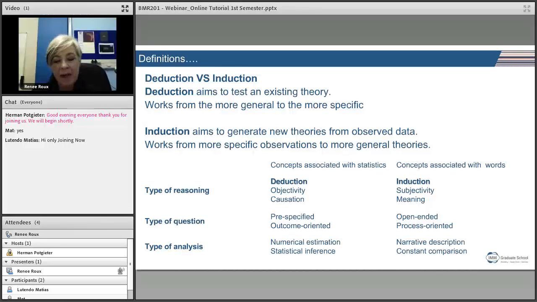And the type of analysis also differs. Deduction is very numerical because you test a hypothesis. So you will prove your hypothesis with statistics, 80% versus 20%, where induction is you generate new theories, so it's narratives, it's language, it's words that you use to describe the new theories.